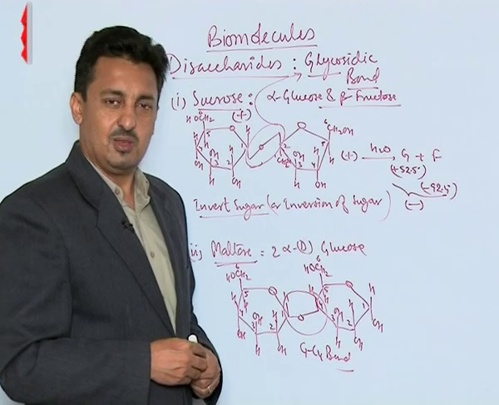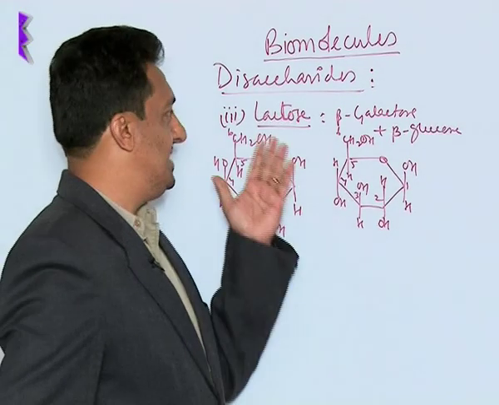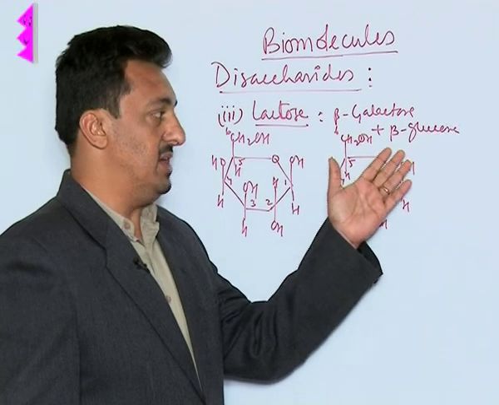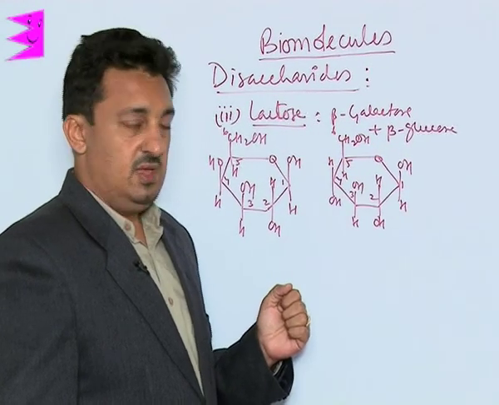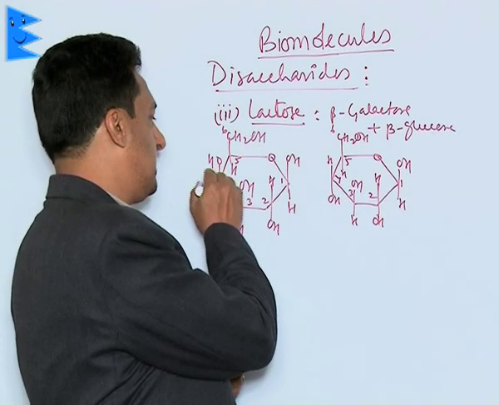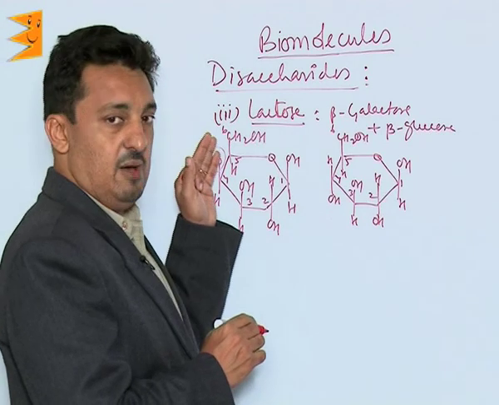The third example of the disaccharide is lactose, which is the disaccharide of beta galactose and beta glucose. Now galactose and glucose differ only at the 4th carbon atom. Its OH is on the left hand side on the 4th carbon atom, therefore drawn upward.